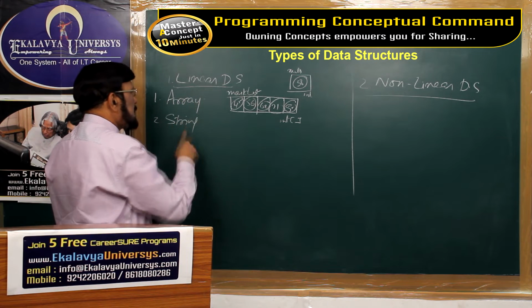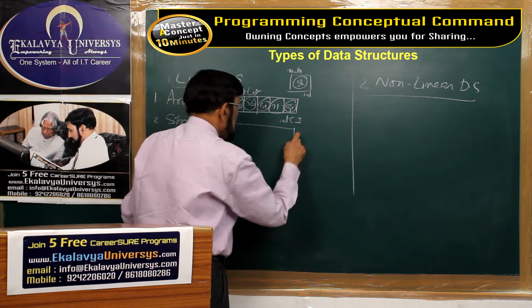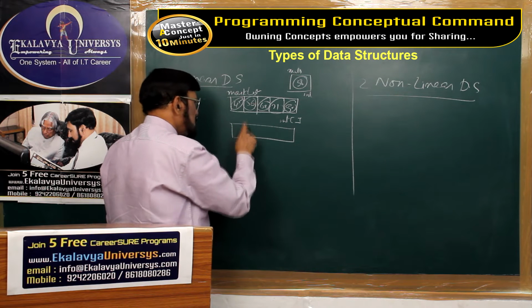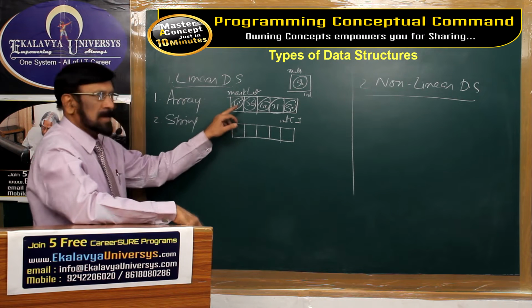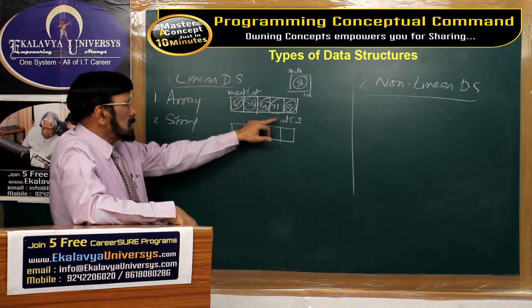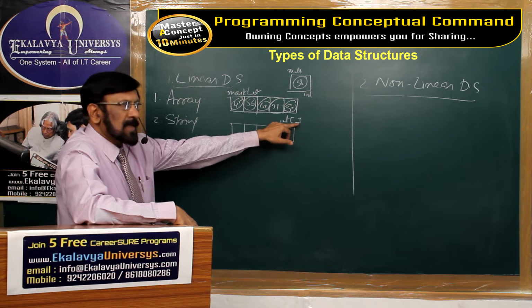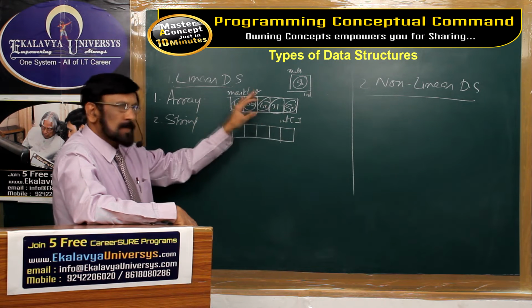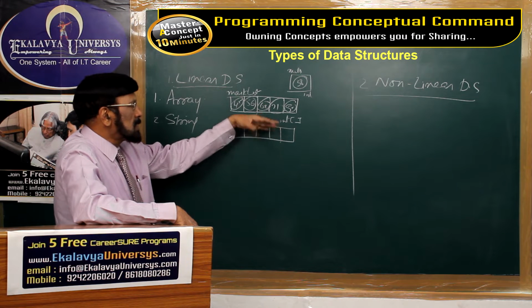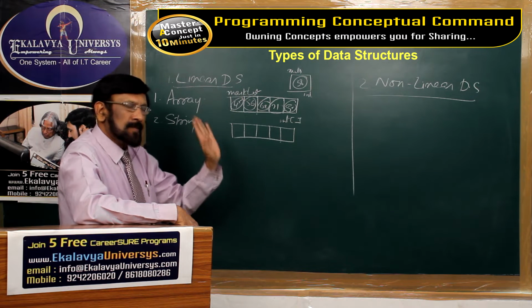Second one is string. String is also like an array, but with a small difference. In arrays we store numerical values. It may be integer value or floating point value, and all that. If it is a floating point array, here float array comes, but an array can store only one type of values. Int array stores only integer values. Floating point array stores only floating point values.